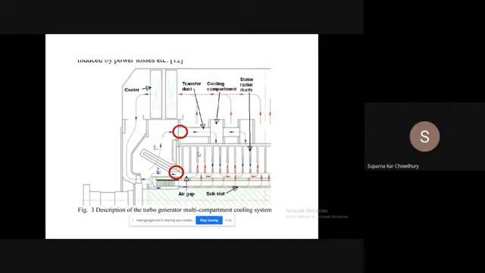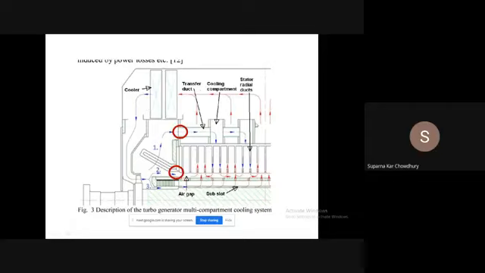Now for a very large machine, it is very difficult to cool the machine with cooling air, because the air quantity required will be too large. There, hydrogen is used as a coolant. It should be a totally enclosed system with no leakage, but instead of air, hydrogen is circulated to cool the system.